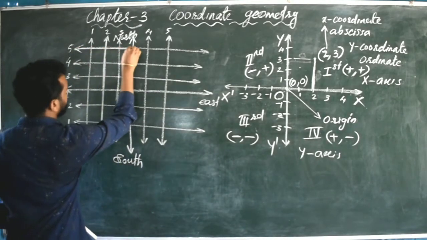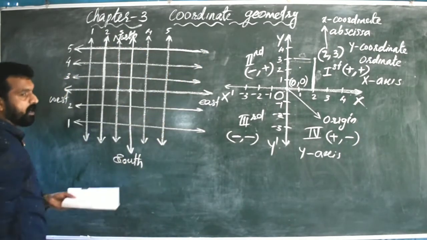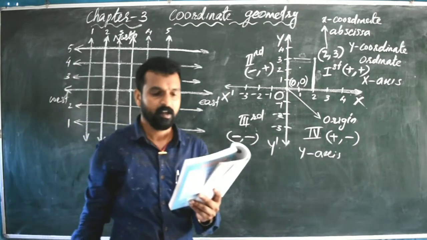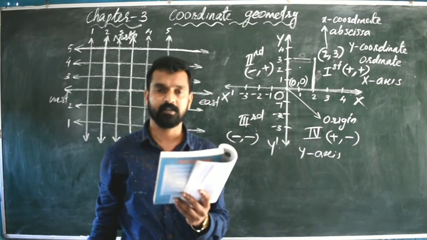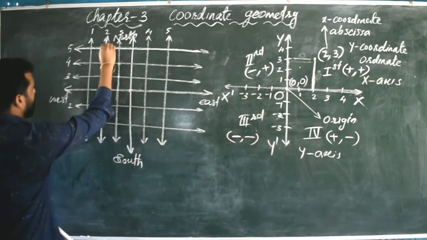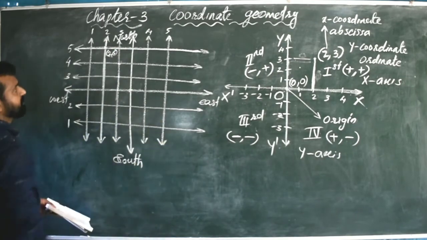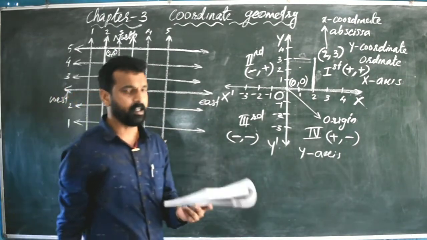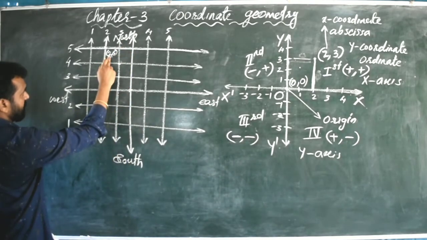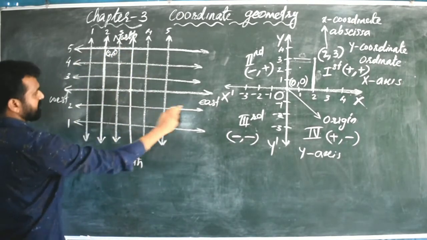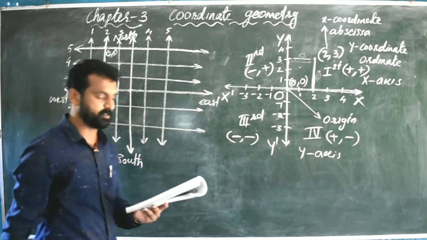Then there is a cross street here, and we will call this cross street 2-5. Second in the north-south direction and fifth in the east-west direction, that is why I wrote 2-5 here.